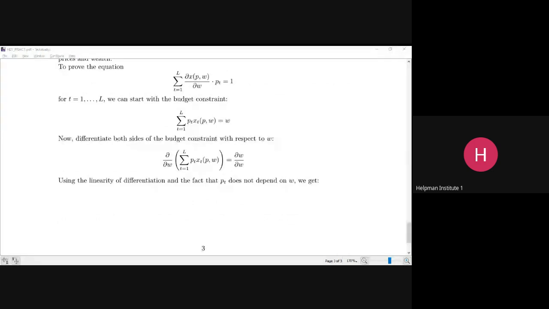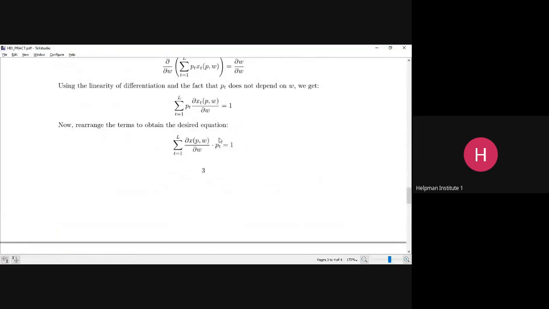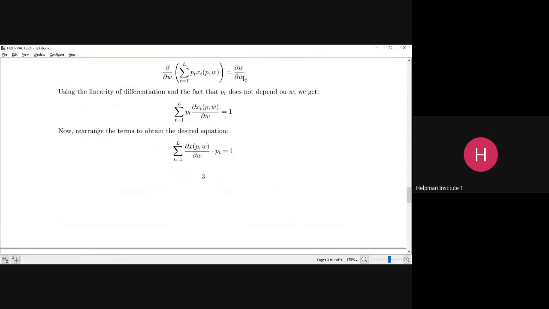Then you can just do some rearranging, and then we have our equation. Here is the solution. By the time we differentiate this with respect to wealth, we have 1.